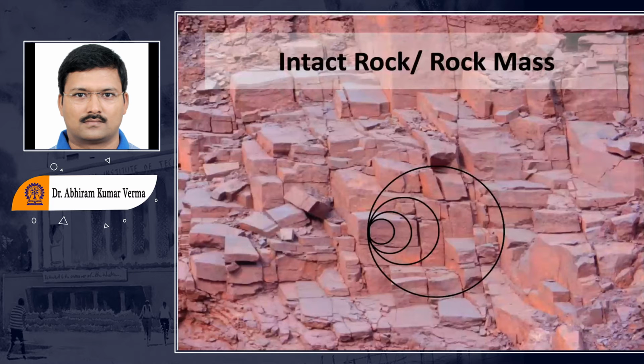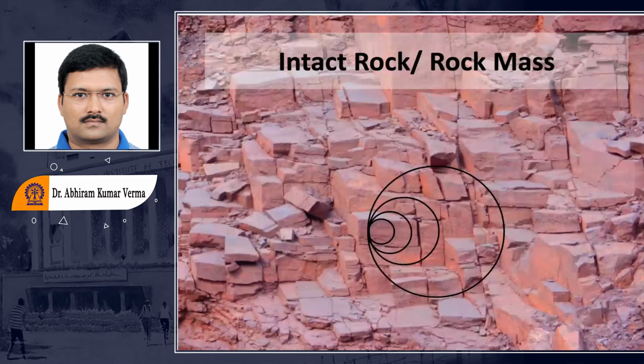In a smaller circle, you will see that no weak planes are there, no discontinuities are there. In geological terms, we call it a discontinuity. So no discontinuities are there, but as the size increases, the number of discontinuities increases.